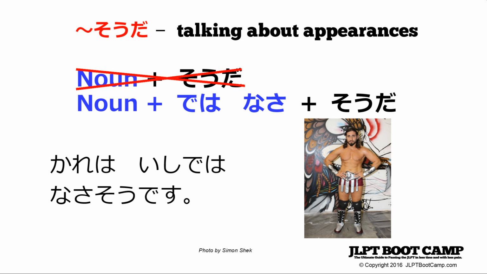Then you take off the e ending of that adjective, since nai behaves like an e adjective, and then you just add sou desu. You add sasou desu, which is a special form that you need to use with this negative. So altogether that would be, "It seems like he's not a doctor."